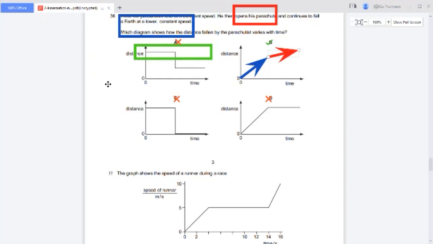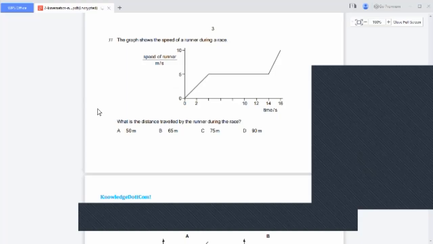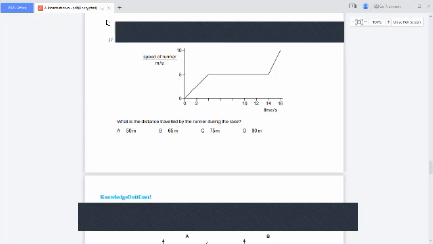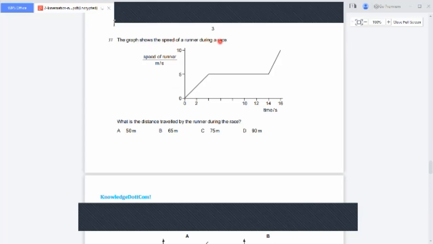So let's move to the next question. Question 37 says the graph shows the speed of a runner during a race. It's a speed time graph. What is the distance traveled by the runner during the race?